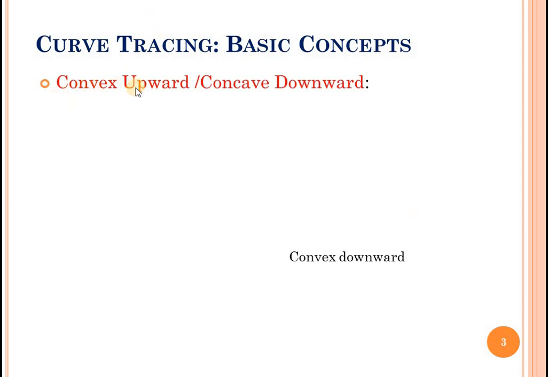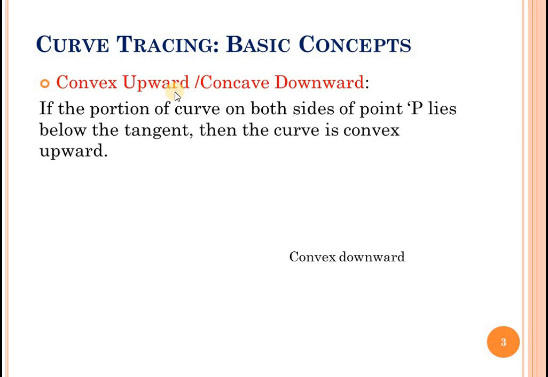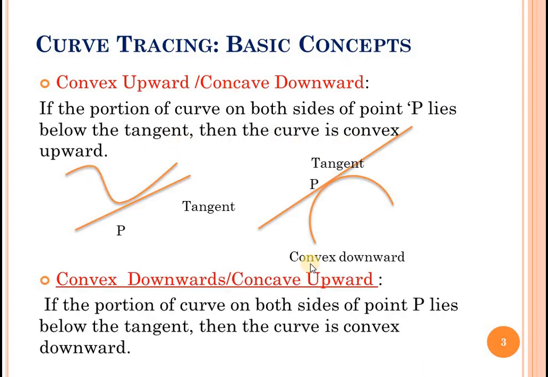So first is convex upward, the same as concave downward. A curve is convex upward if the portion of the curve on both sides of point P lies above the tangent. See the figure. And it is convex downward if the portion of the curve on both sides of the point lies below the tangent.